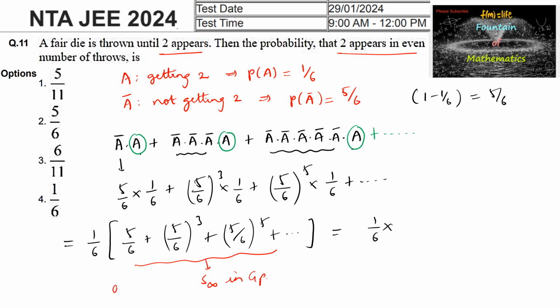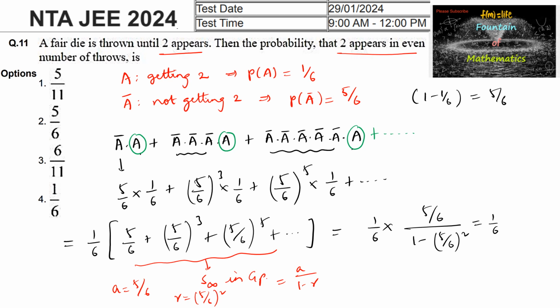whose first term is 5 upon 6, and the common ratio R is equal to 5 by 6 whole square. Sum to infinity in GP is A upon 1 minus R, so A value is 5 by 6 upon 1 minus R, where R is 5 by 6 whole square.